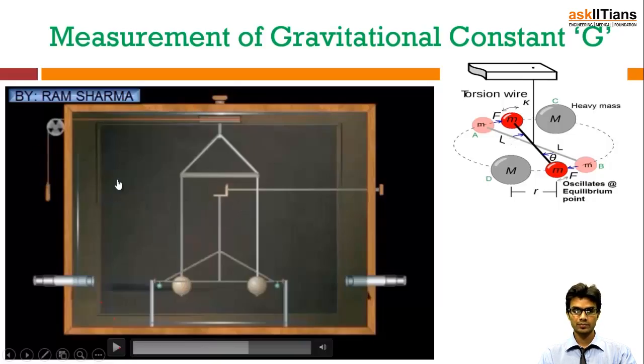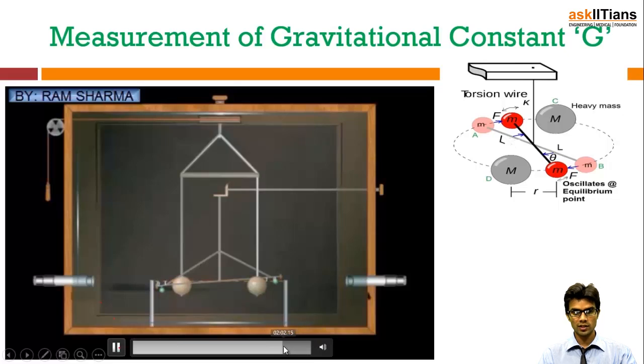Here A, C, B, D. A and C attract each other and B and D attract each other. Due to this attraction, there is a torsion in this rod, and this can be explained by an angle theta.